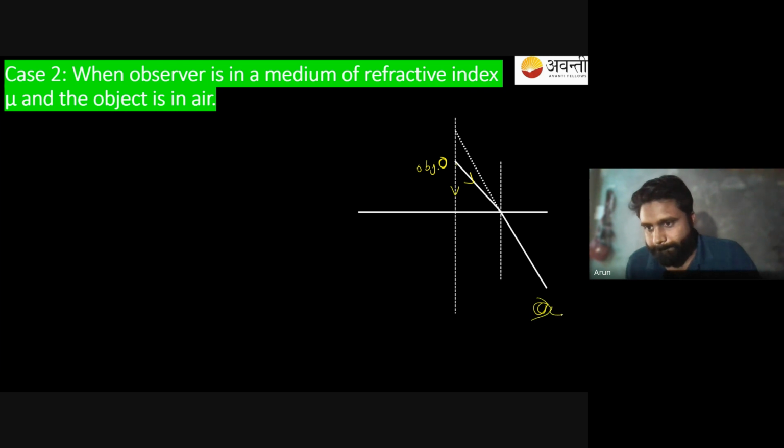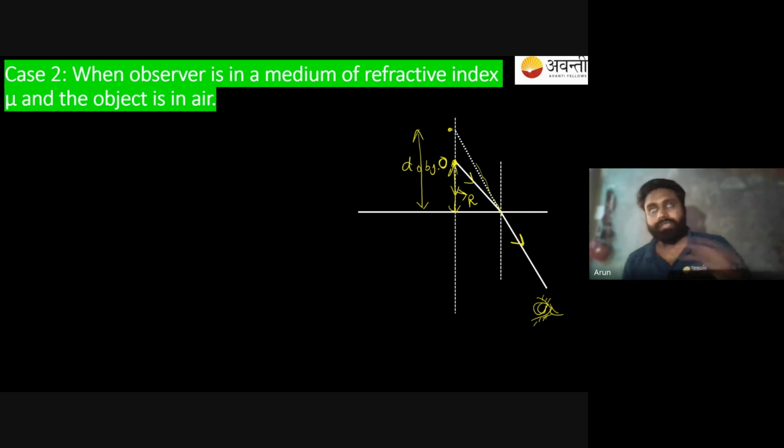Okay. The ray is coming and it is getting refracted, but it appears to the observer to be coming from this point. Okay, so this length is the actual one, and this is the apparent one.